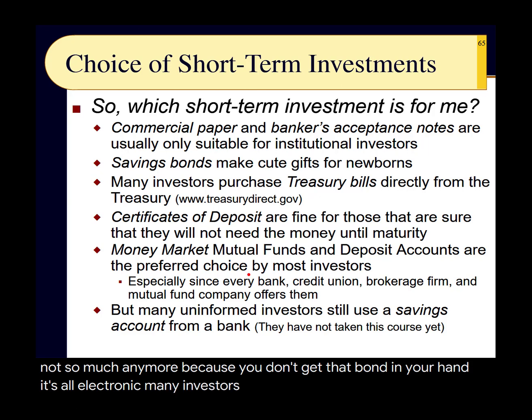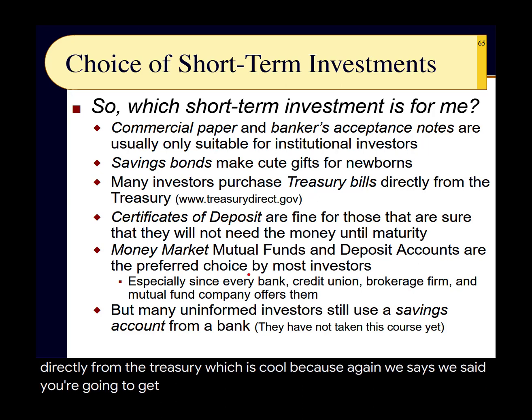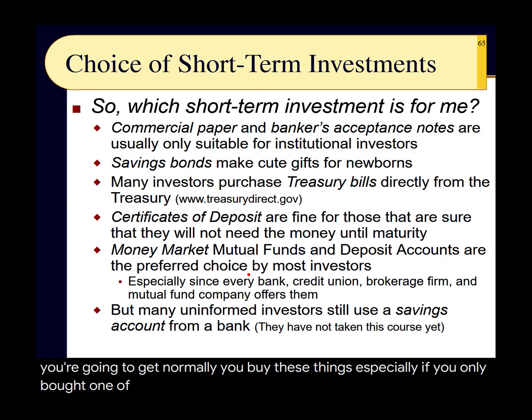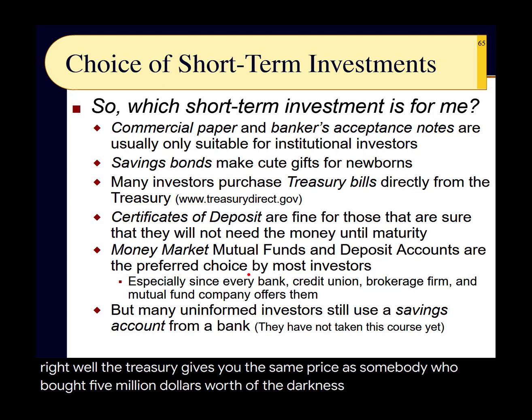Many investors will purchase T-bills, treasury bills, directly from the treasury, which is cool because, again, as we said, normally you buy these things, especially if you only bought one of them, a broker is not going to give you a very good price, right? Well, the treasury gives you the same price as somebody who bought $5 million worth of the darn stuff.